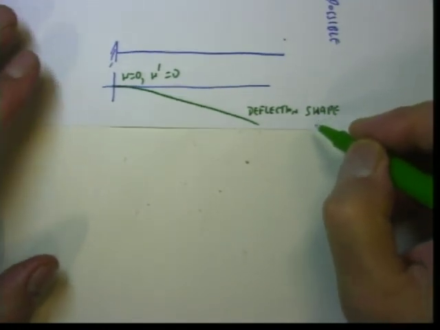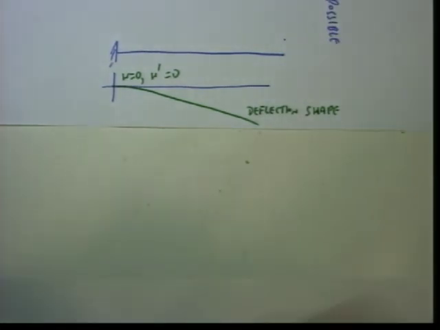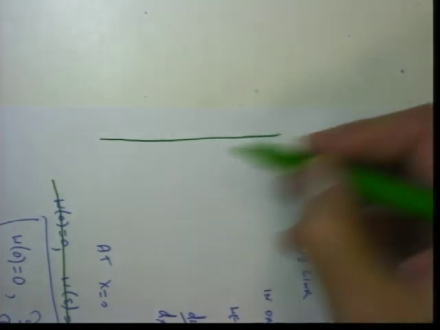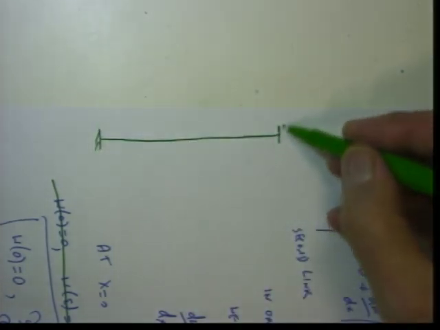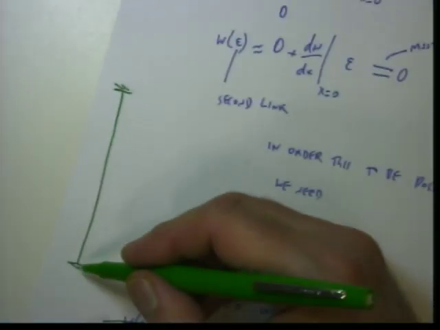Deflection shape. If I have both sides clamped, say like this, then the deflection is like this. And maybe I use a different color.